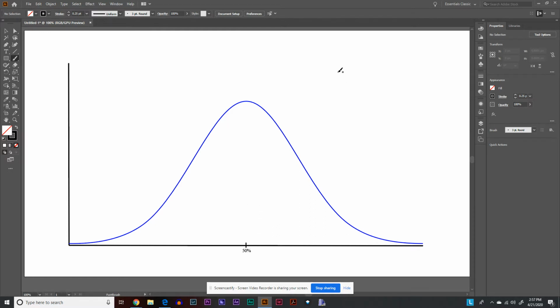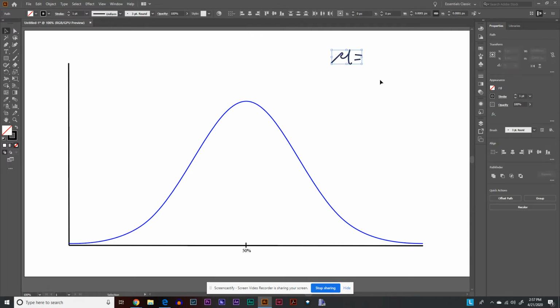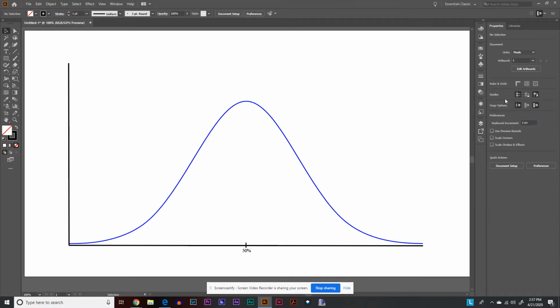First things first, important to note that the mean of the data set, meaning the average, we will typically write that in statistics as mu. And so I'm just going to say mu is equal to 0.5 because that's the average, right? 50%.